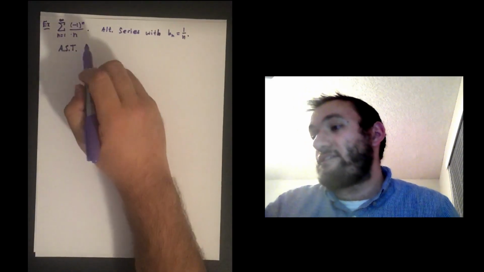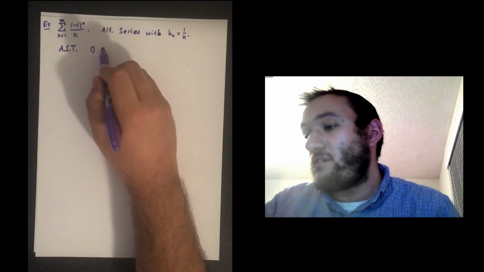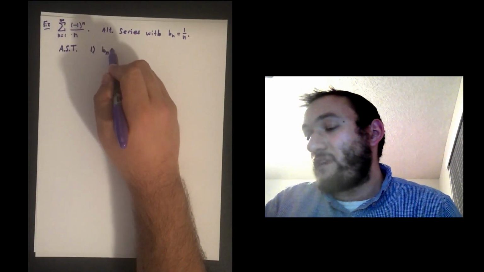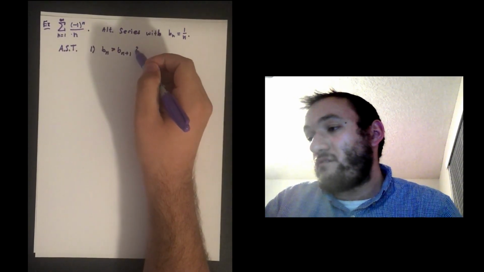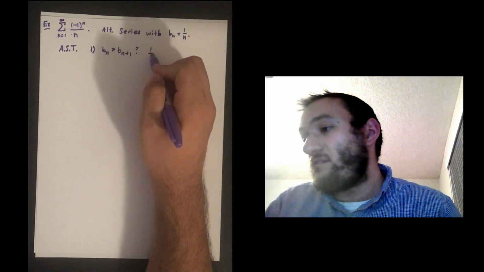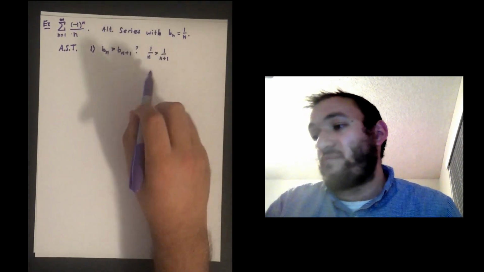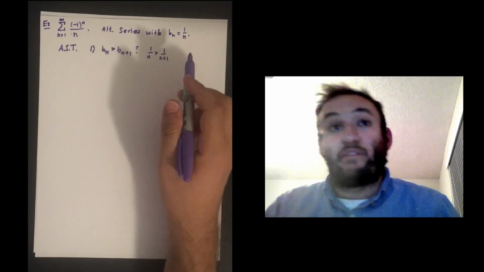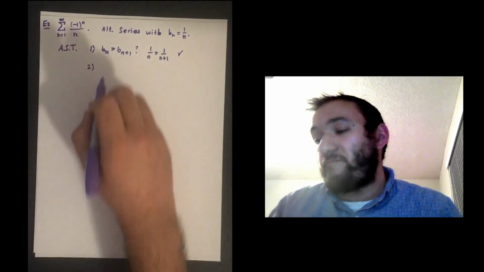Alternating series test says that if, first off, Bn is greater than Bn plus 1, and indeed 1 over n is greater than 1 over n plus 1, because when the denominator is smaller, the fraction is bigger. Okay?